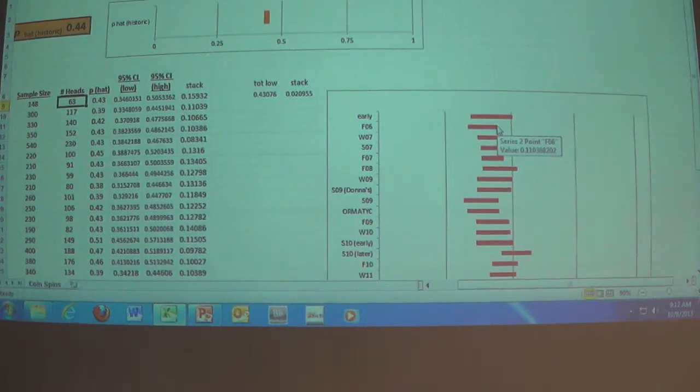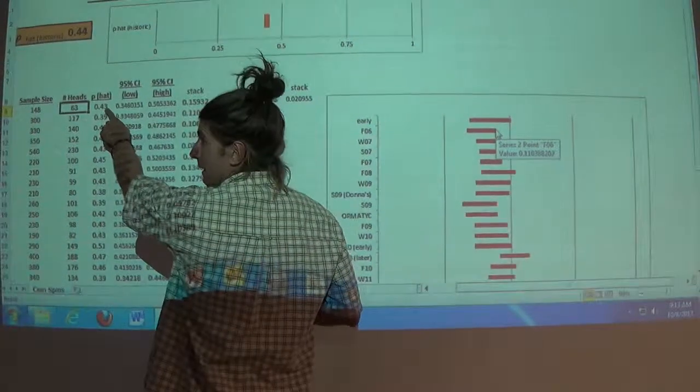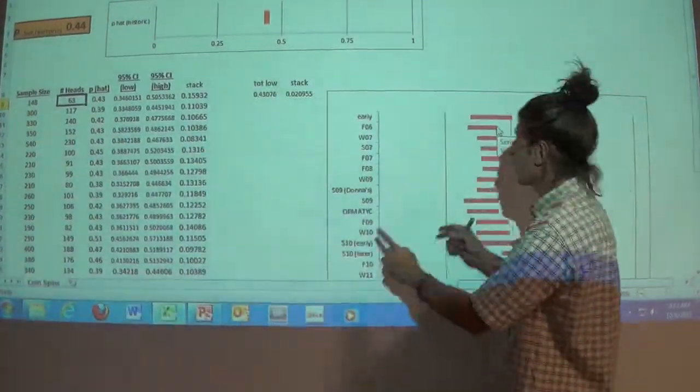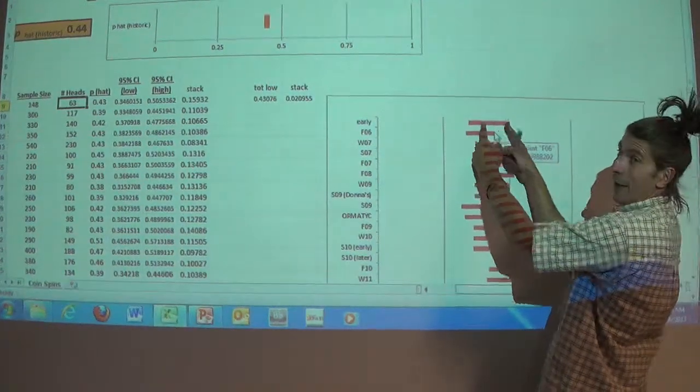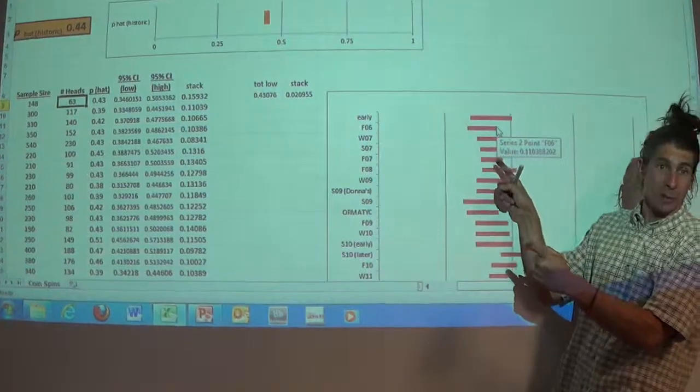Therefore you put your hands up and say, I'm not really sure I can believe that it's not 0.5. Well, if we spun 100 more pennies and we got the same percentage, 0.43, out of 100 more penny spins, what would happen to that interval, friends? It would go like that, wouldn't it? And then it wouldn't be touching 0.5.